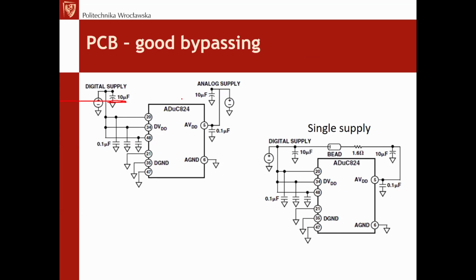First of all, we always start with a capacitor, usually 10 microfarads or more. They have to be present on the PCB, fairly close to the supplied circuit. Their capacitance, as I mentioned, is usually from 10 to 100 microfarads.